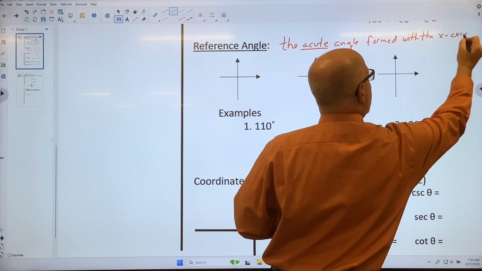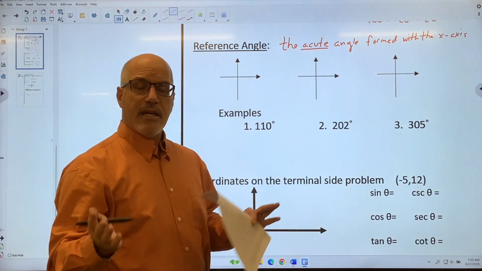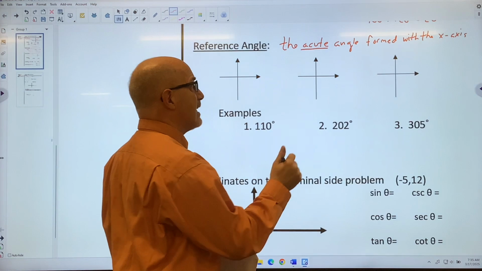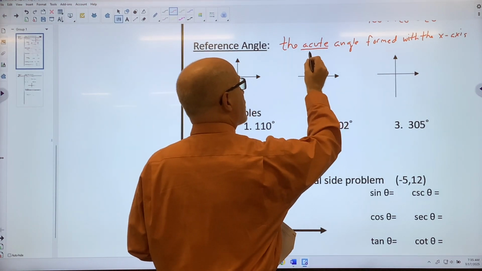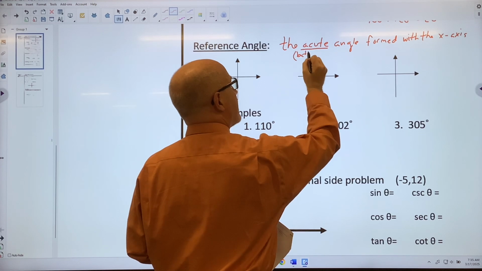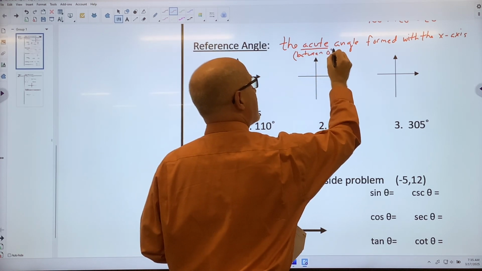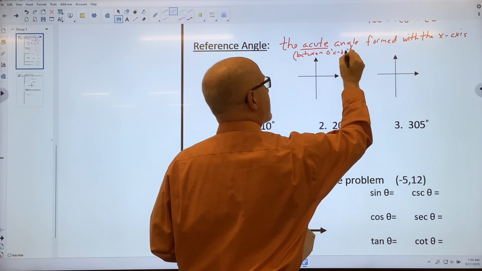If you recall from geometry what an acute angle is, it's between 0 and 90. So we want to put here that this is typically between 0 degrees and 90 degrees.